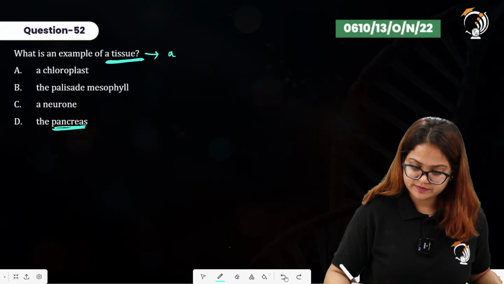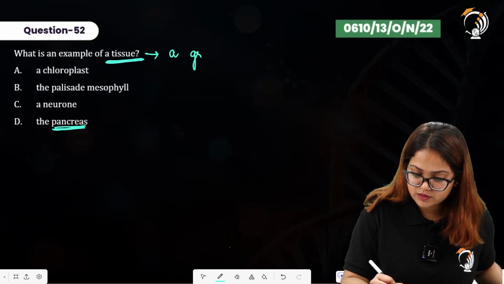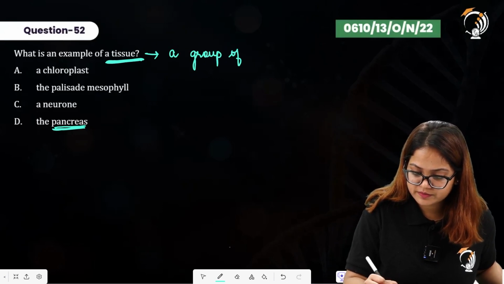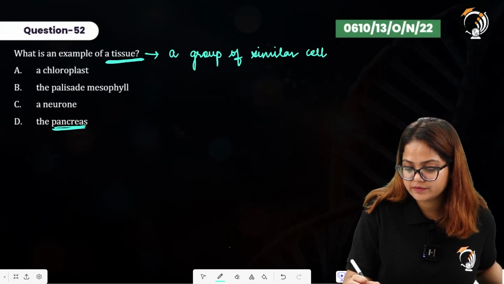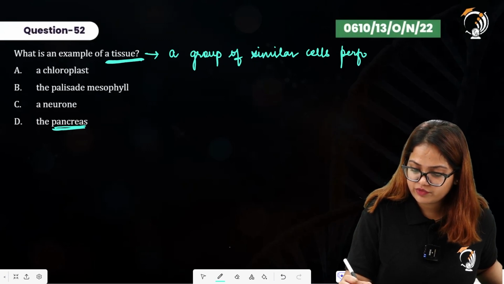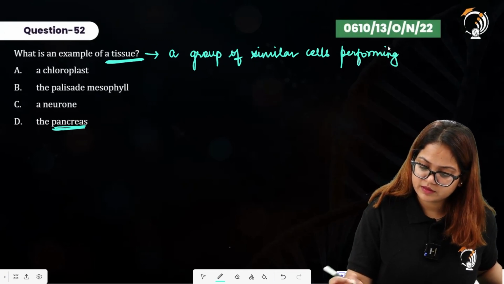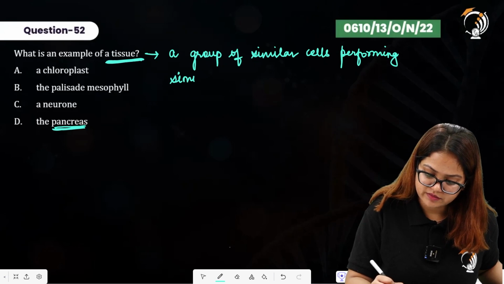So basically a tissue is a group of similar cells performing similar function.